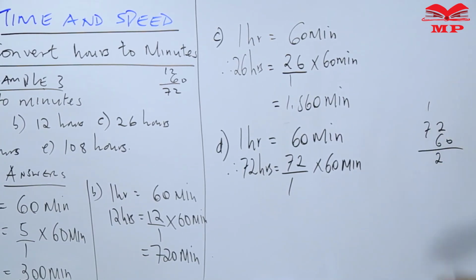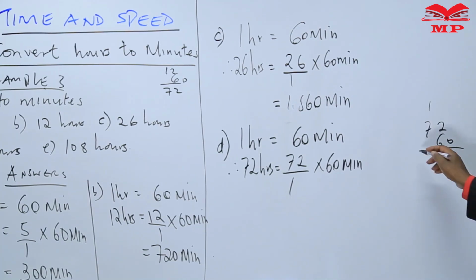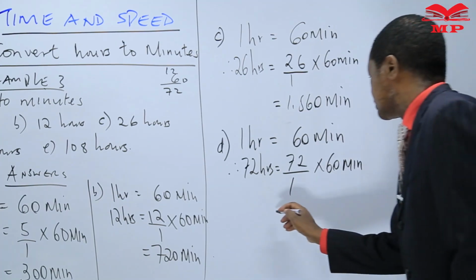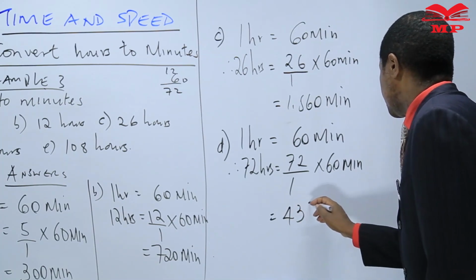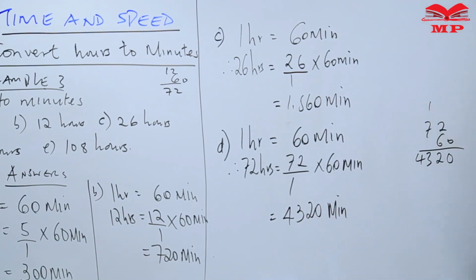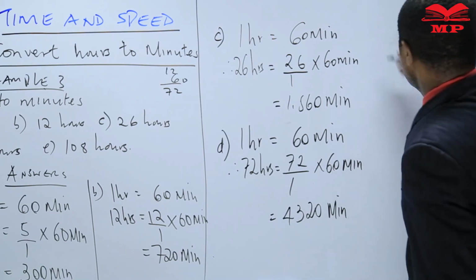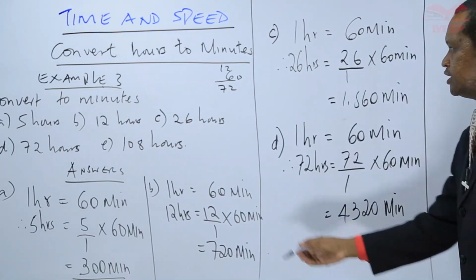Then 7 times 6 is 42 plus 1 is 43, then there is 0 there. So 72 hours will be equal to 4,320 minutes. This is D.